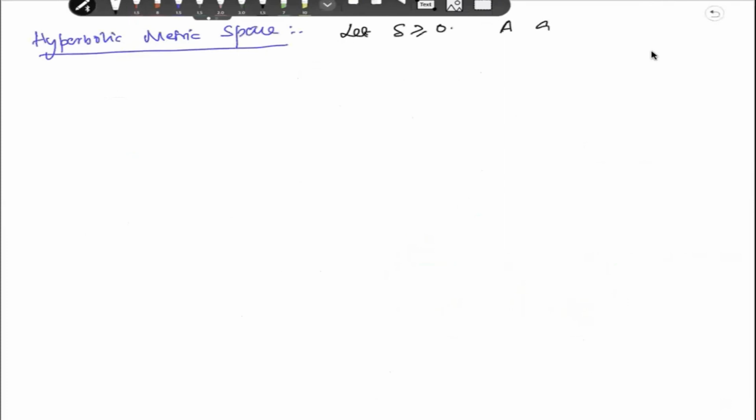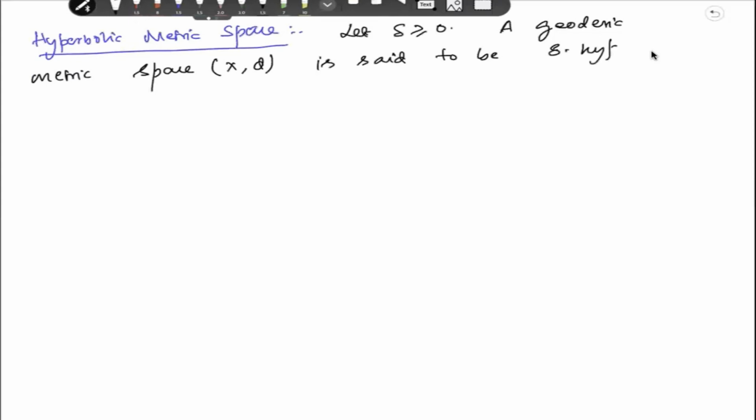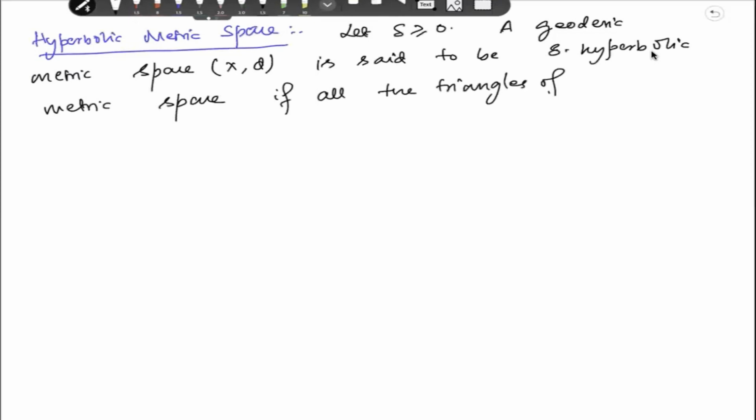A geodesic metric space (X, d) is said to be a delta hyperbolic metric space if all the triangles of this metric space are delta slim.